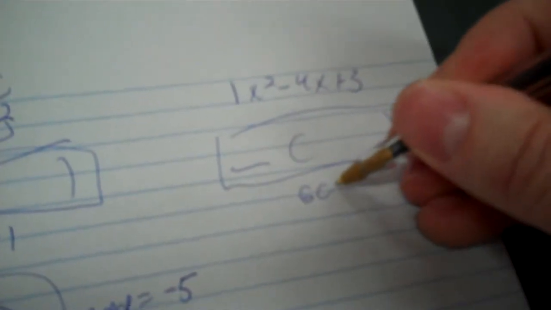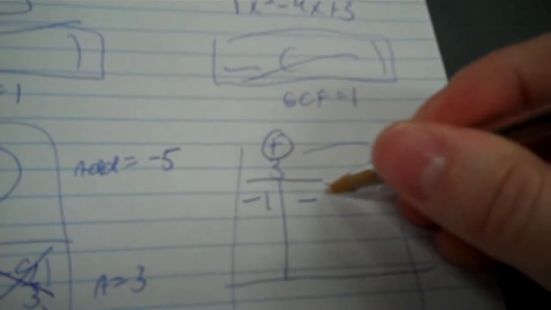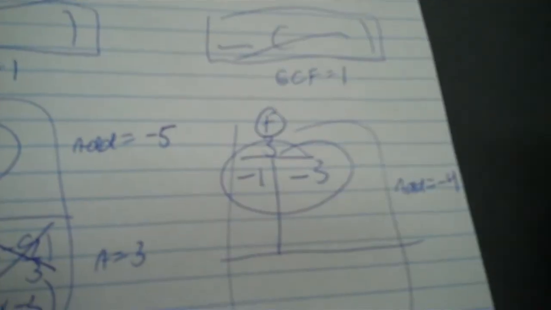Okay, GCF would just be 1. So we wouldn't have to do it. T-table should work. Okay, 1 times 3 is 3, positive. So it's a negative times a negative. When that's a positive like that, we can always, and we're adding to try to get to negative 4. Doesn't take long. 1 and 3 is it.